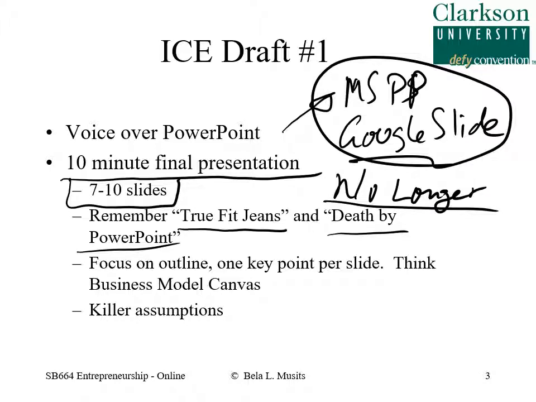So I suggest that with this backdrop in hand, you focus on putting together an outline of your talk. Figure out what the key points are that you want to make. Typically I like to think about 1 key point per slide. What's the one takeaway you want a person to keep from this particular slide? And think about the business model canvas.